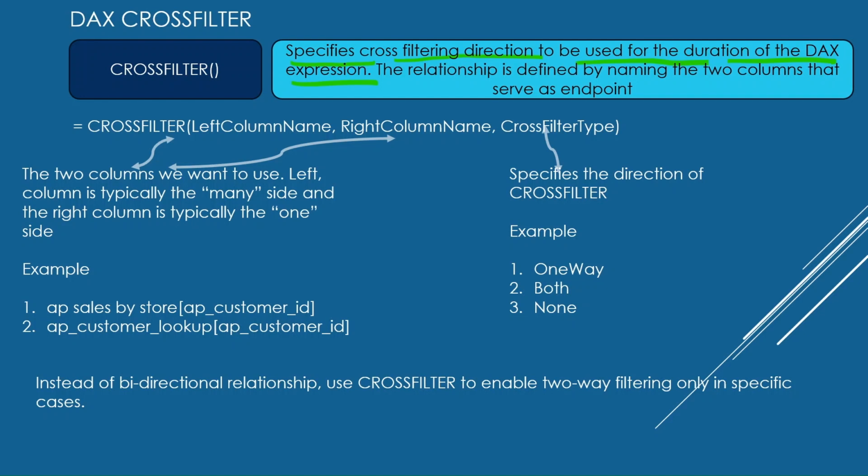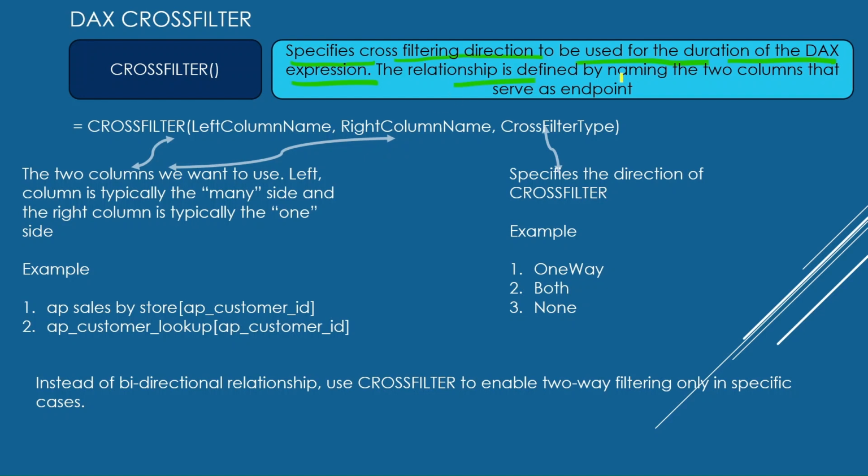The relationship is flowing from the one side to the many side, but there is a requirement to calculate a certain kind of calculation where we want the direction of the relationship to flow from the many to the one side, and that would be limited only to a DAX expression. So with the help of the CROSSFILTER function, we can move the relationship direction from the many to the one side.